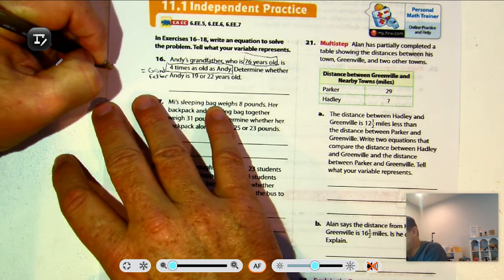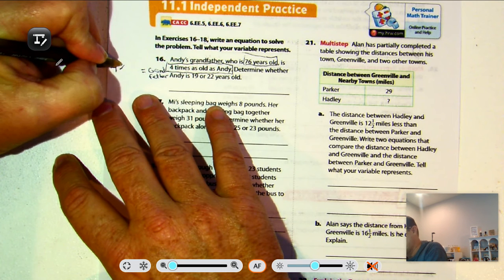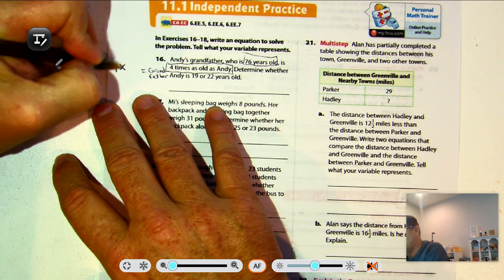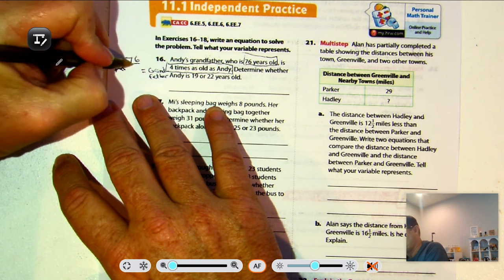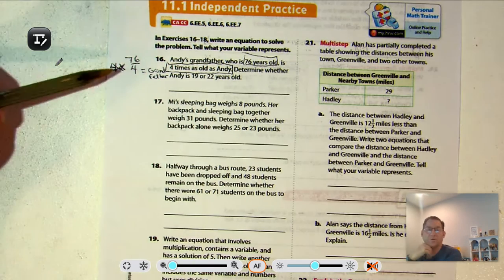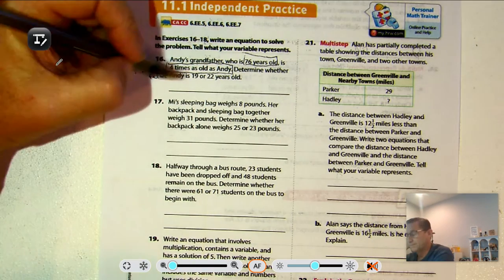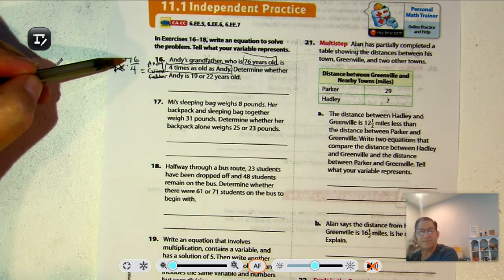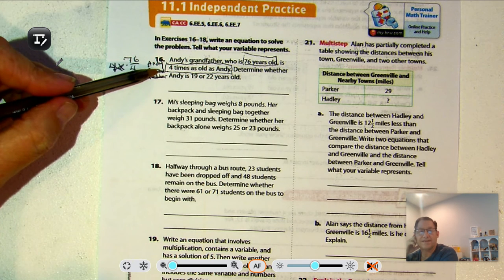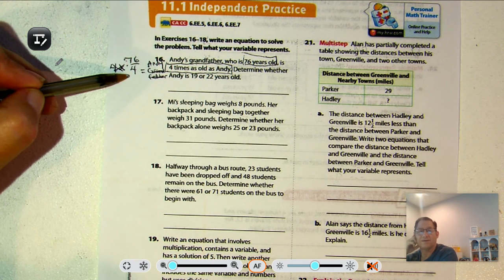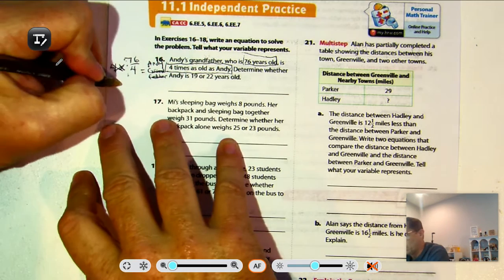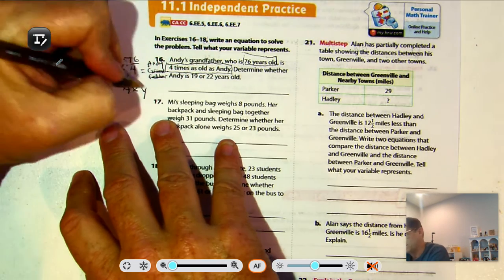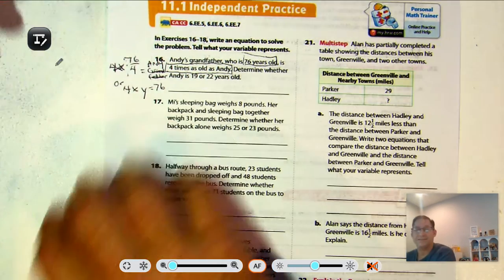And we know that Andy is 4 times. So if the grandfather is 76 years old, and that's 4 times as old as Andy, it's also the same as saying 76 divided by 4, or 4 times some number of years equals 76.